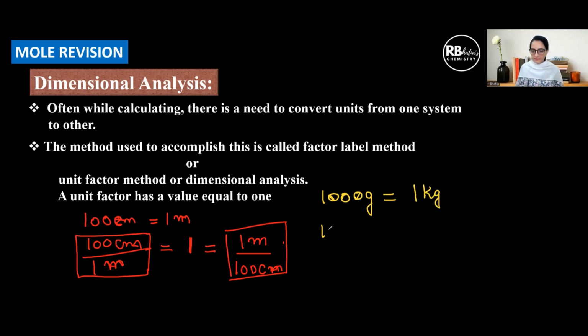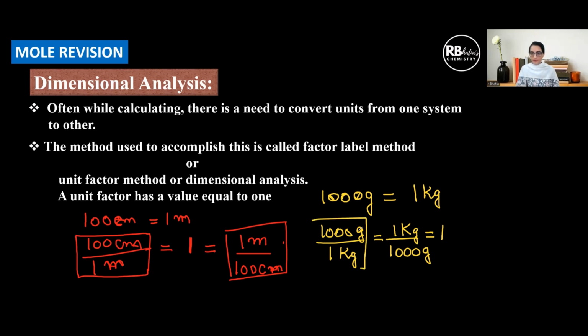This means 1000 gram upon 1 kg is equal to 1 kg upon 1000 gram, and each of these is equal to 1. So each of these is called a unit factor. Right? Okay.